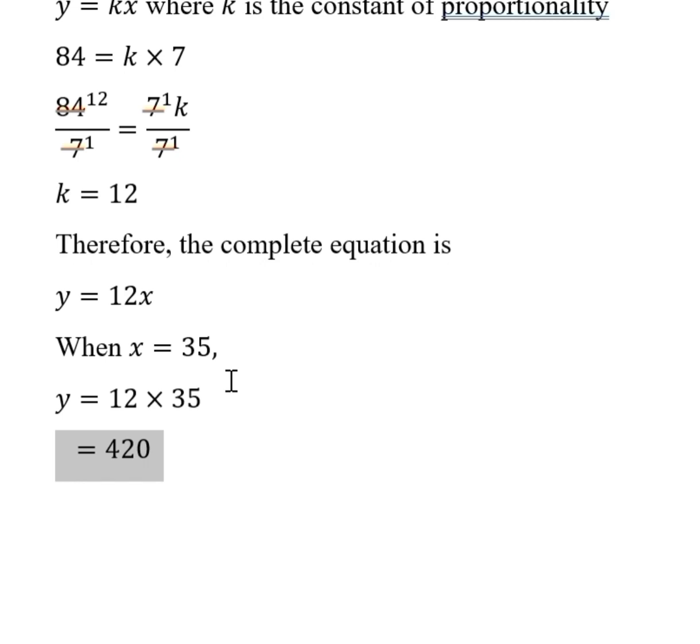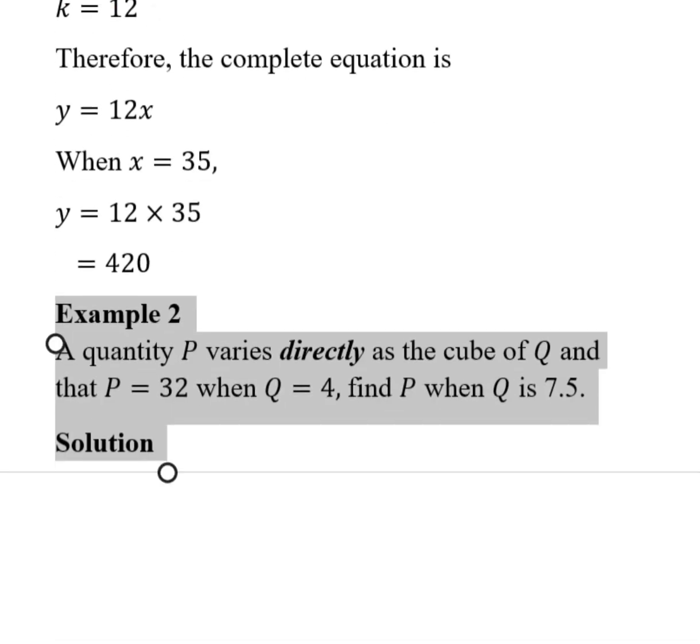Another question. We are told a quantity p varies directly as the cube of q. You see, we can still see the word directly, and this is an indication that this is a question involving direct variation. So a quantity p varies directly as the cube of q, and p is equal to 32 when q is equal to 4.